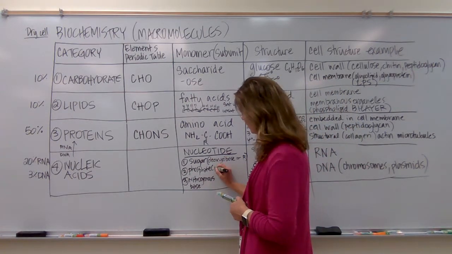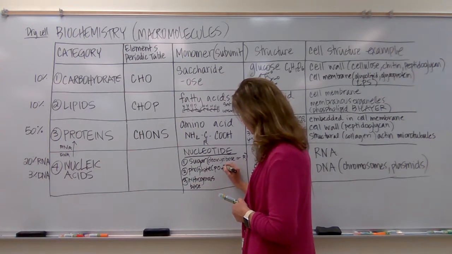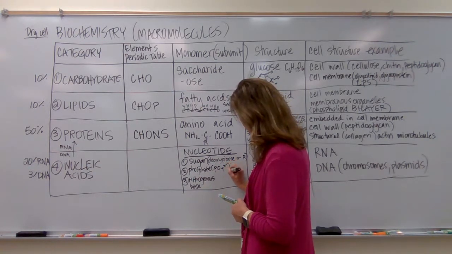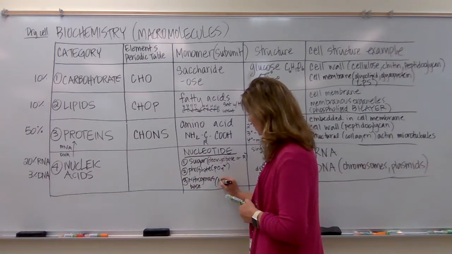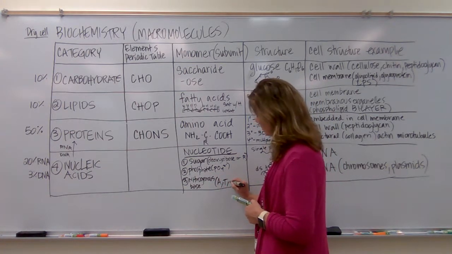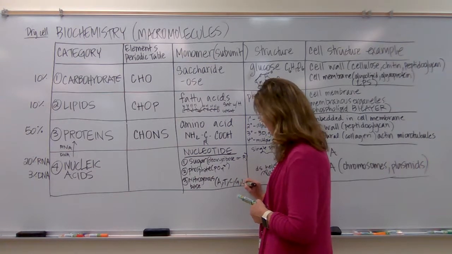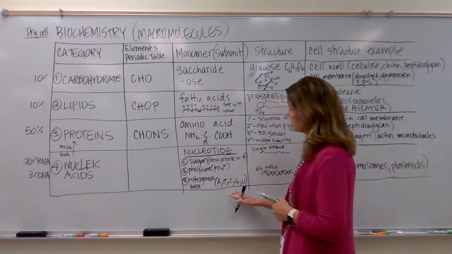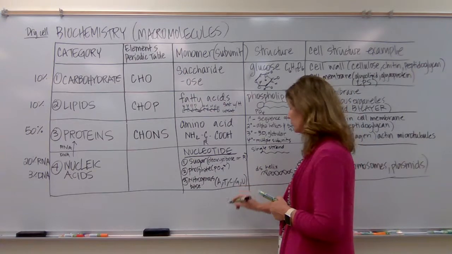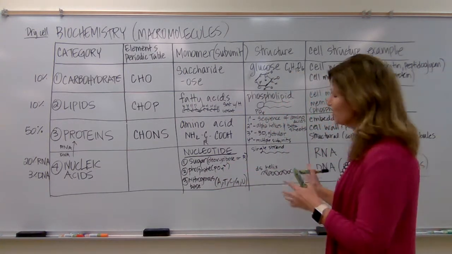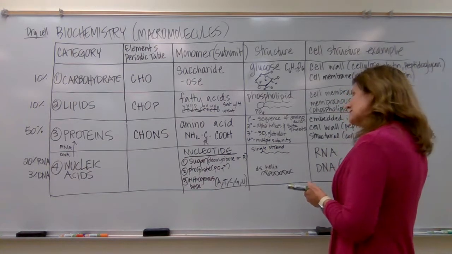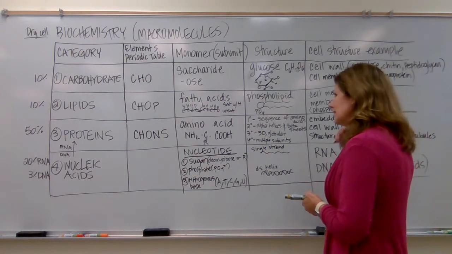Phosphate will be the same for both, PO4 3-. And a nitrogenous base, remember your A, T, C, G, and U, nitrogenous bases. And we'll also find ATP is derived or has the structure of adenine in it.